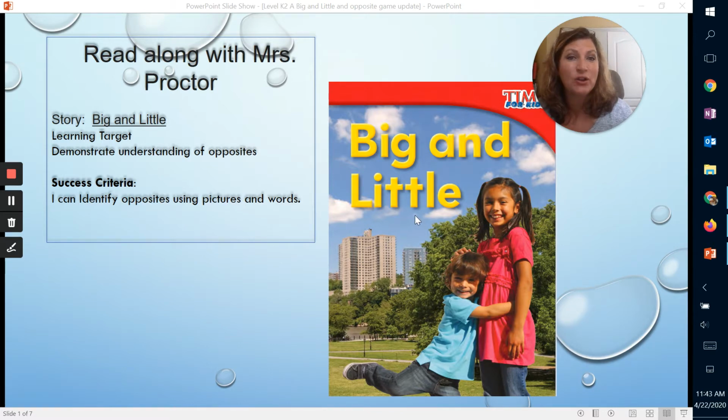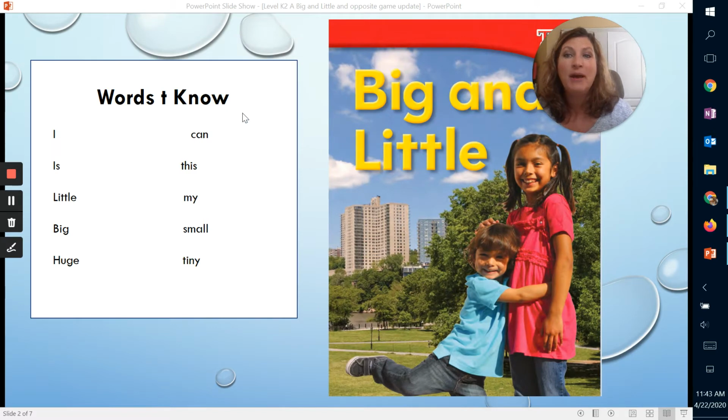So we're going to have our little read along, but in order to do that, we're going to read some of the words that we have up here on the board. I have is, little, big, huge, can, this, my, small, and tiny.